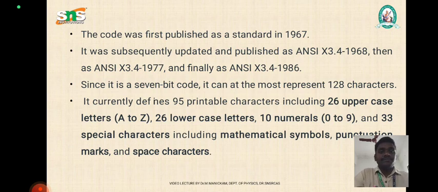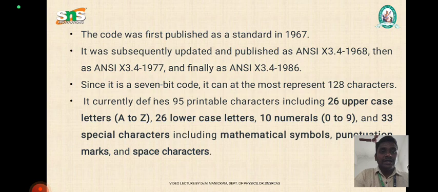So these are all the updated versions of the ASCII codes. Since it is a 7-bit code, it can at most represent 128 characters.